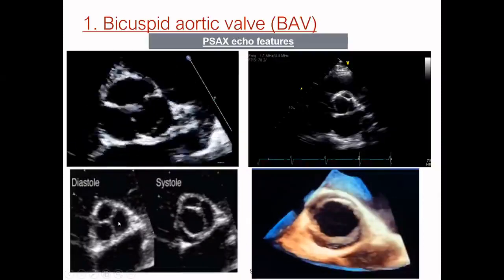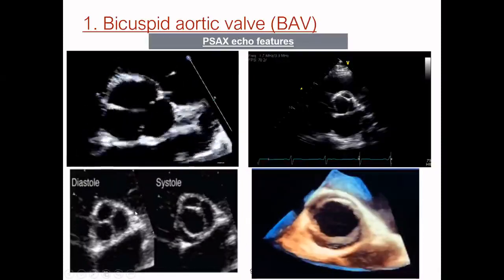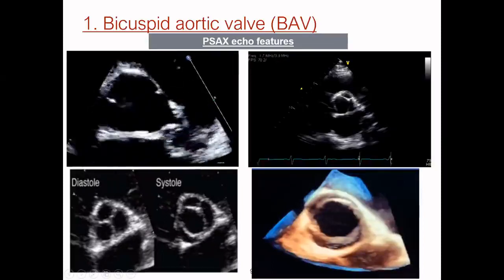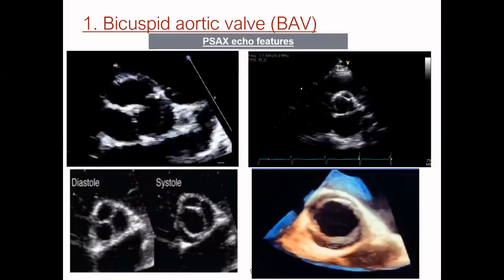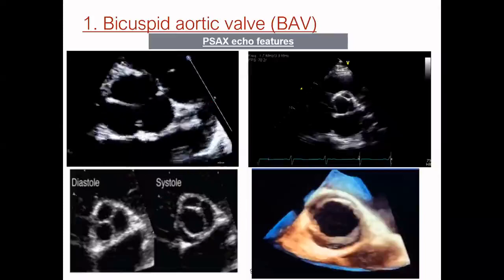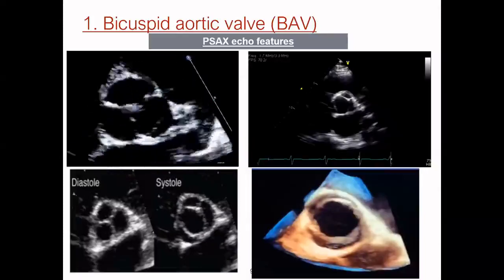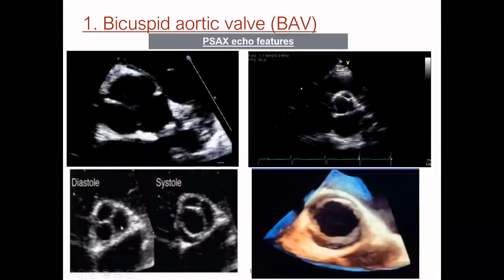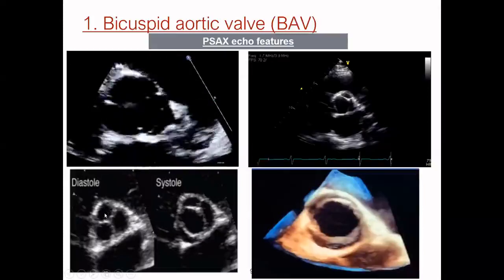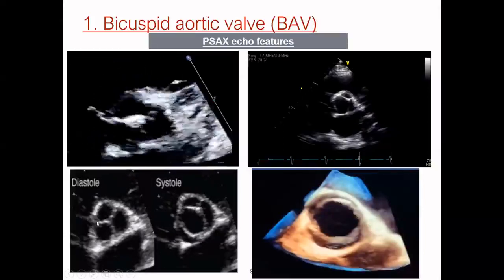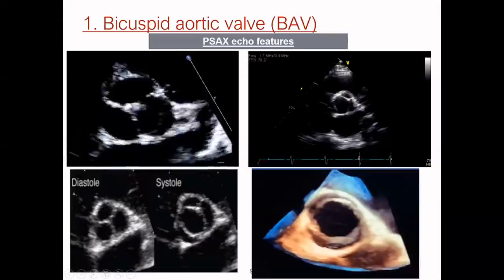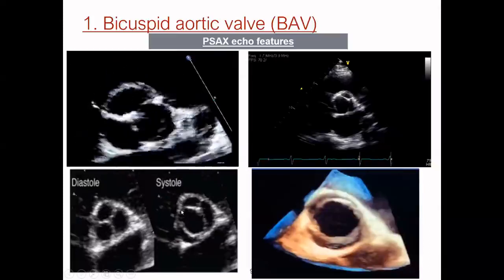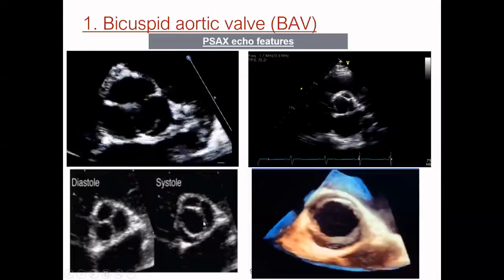It is also important to note that when diagnosing bicuspid aortic valves, we diagnose this in systole and not in diastole. As you can see in this picture, in diastole, there are 3 cusps visible. However, in systole, when it opens up, you can see that it's clearly a bicuspid aortic valve.